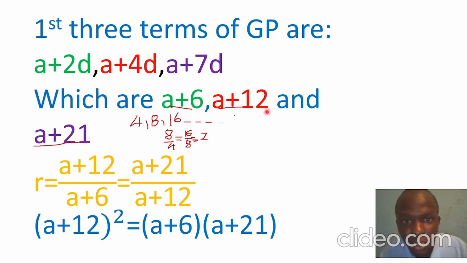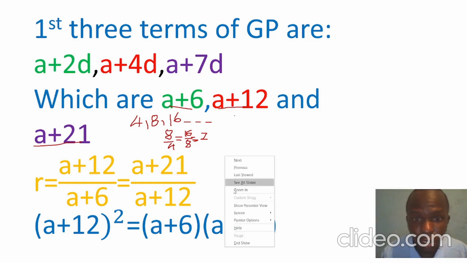Because this comes next, this divided by this is equal to this divided by this, and that is the common ratio. A plus 12 divided by A plus 6 is equal to A plus 21 over A plus 12. Why? A plus 12 just comes after A plus 6, and A plus 21 comes just after A plus 12.